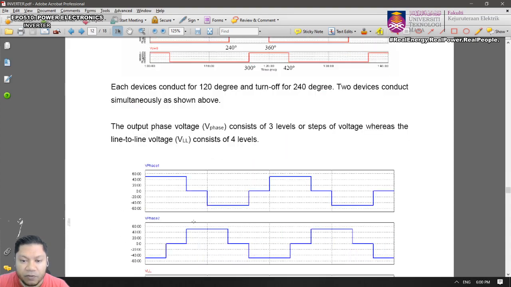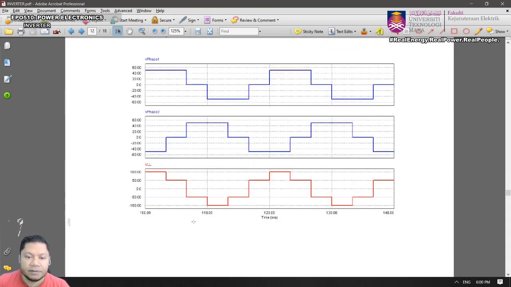So let's look at the output voltage now. V phase 1 will be half of the input, which is 50 volt, and V phase 2 will be negative half of E, which is minus 50 volt here.